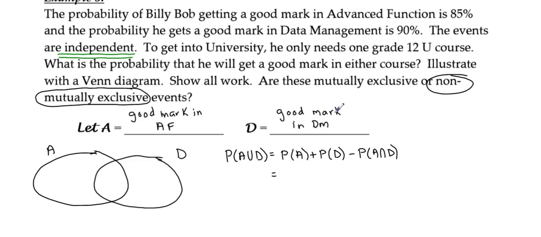Now the probability of getting a good mark in advanced functions is 0.85, and the probability of getting a good mark in data management is 0.9.